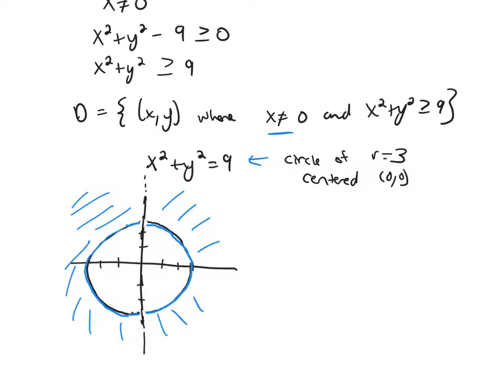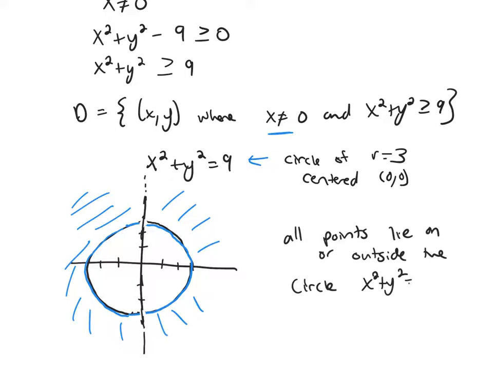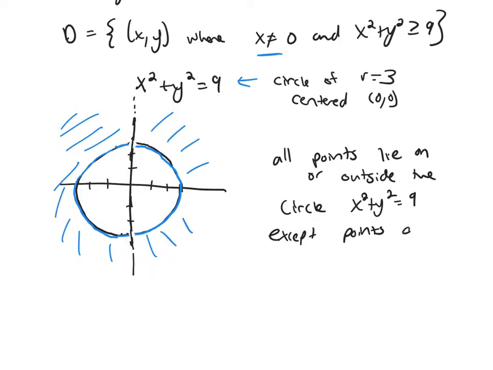So we can say the domain consists of all points that lie on or outside the circle x squared plus y squared equals 9, except points on the y-axis.